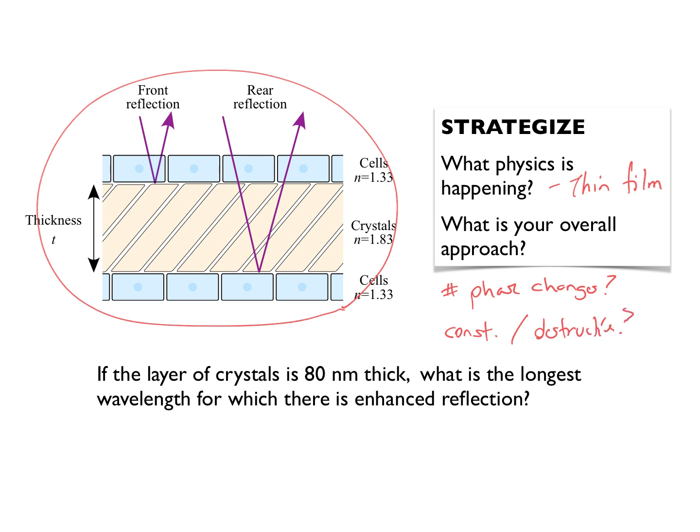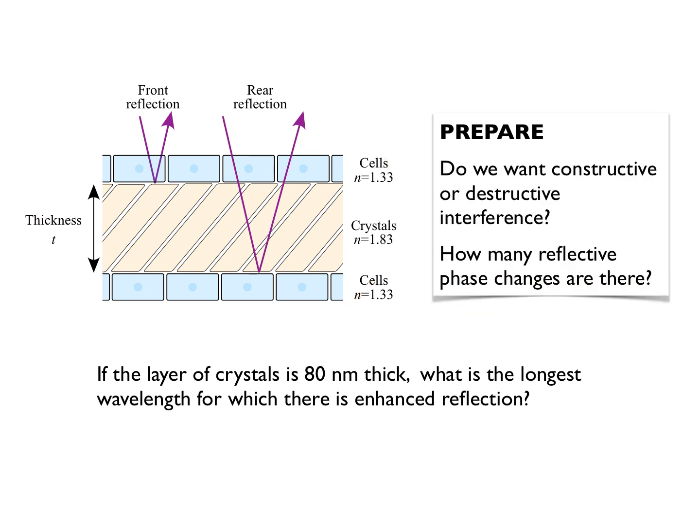Now, since I'm looking for a situation of enhanced reflection, that argues for constructive interference. I'm looking for a situation with constructive interference. How many phase changes do I have is the next thing that we need to do. Let's go ahead and do that as part of our preparation step. Okay, so preparation, do we want constructive or destructive interference?